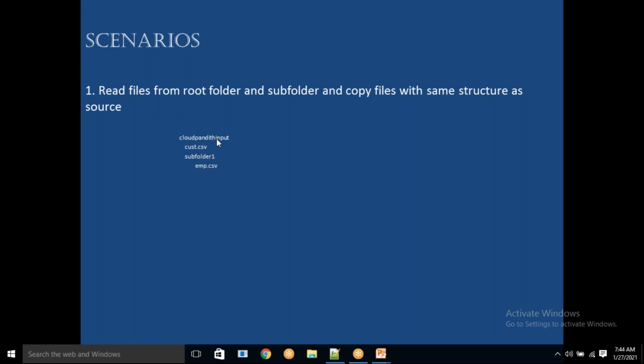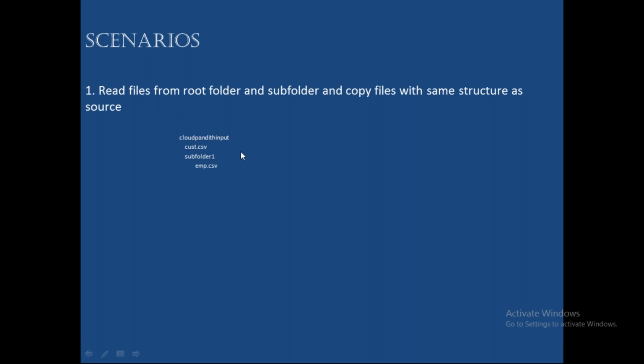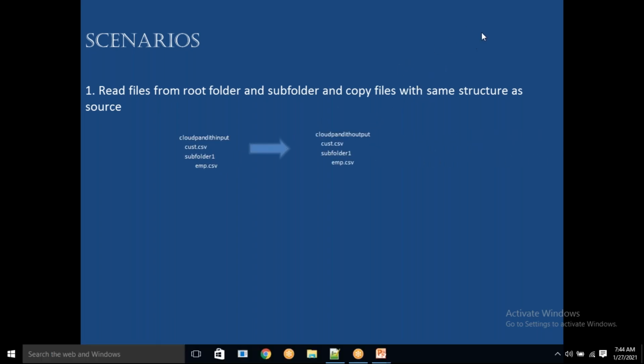At the same level, I have created a folder called subfolder. Inside subfolder one, I have a file called emp.csv. Now, when I copy this data, I want to copy it in the same structure.